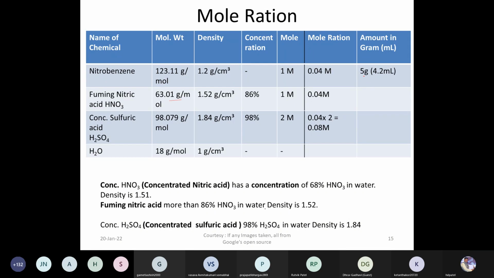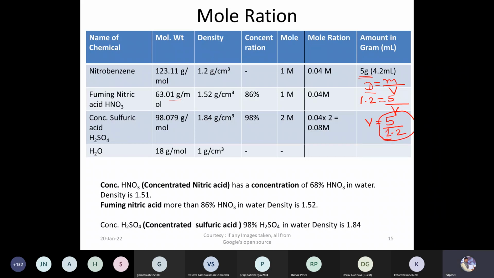Okay. So suppose I would like to take 5 gram. Then what I have to do? I have to go for the calculation D equal to M by V. I have the value of density, that is 1.2. Mass is fixed, I would like to take 5 gram. But I am not aware what ml I have to take. So this is the equation. Now V equal to 5 by 1.2.